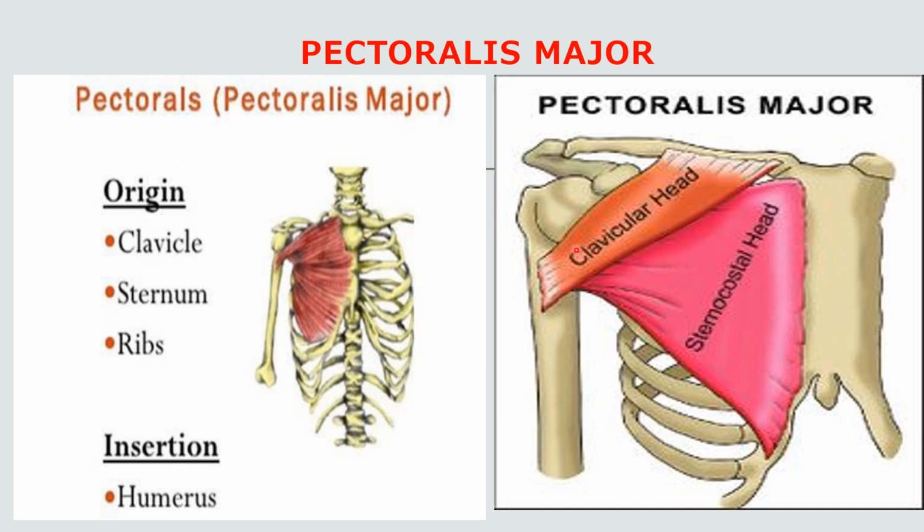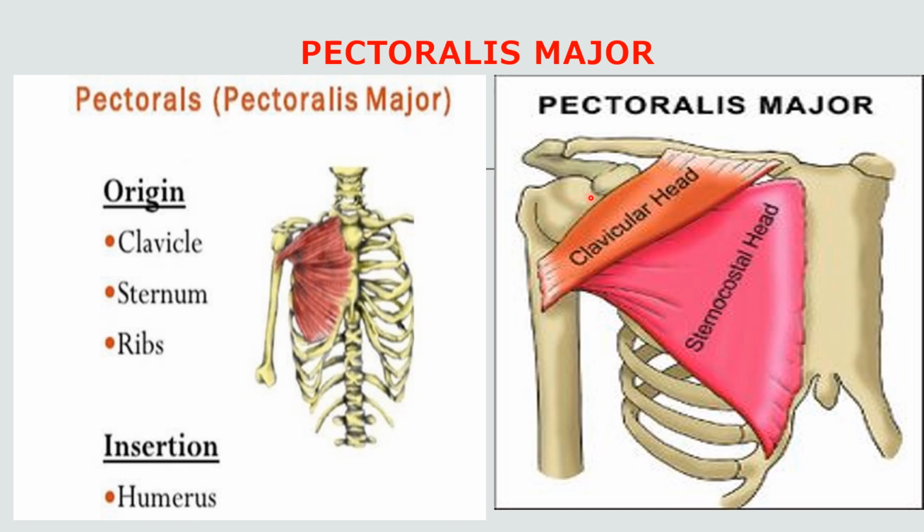You can make out the difference. So it is narrow at its insertion, but at its origin it is broad. This muscle forms the anterior fold of the axilla, or you can say the anterior wall of the axilla.